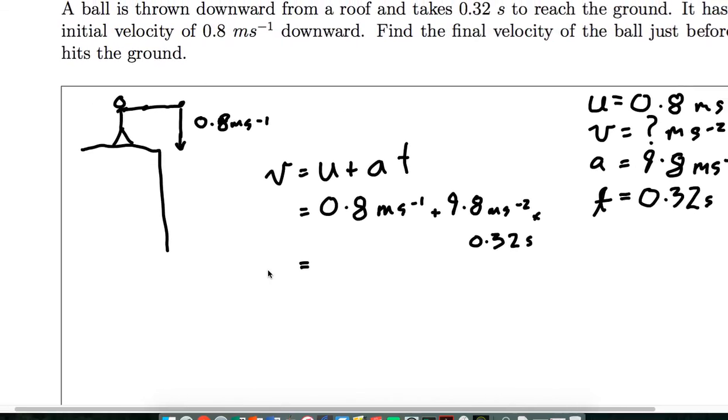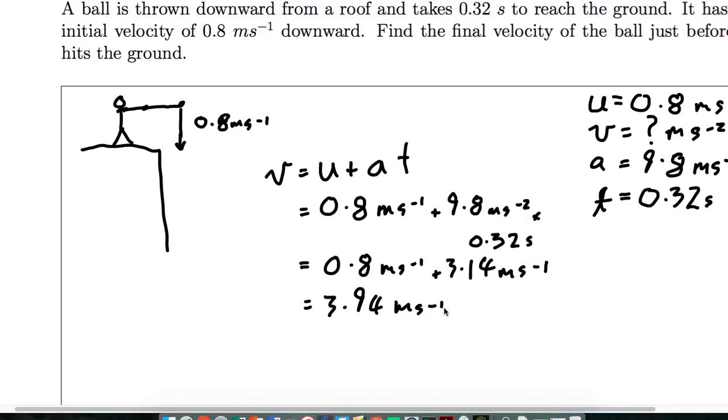Right, so it is going to be 0.8 meters per second plus 3.14 meters per second, the units are consistent, equals 3.94 meters per second. And that makes sense because it's a velocity that we're looking for.